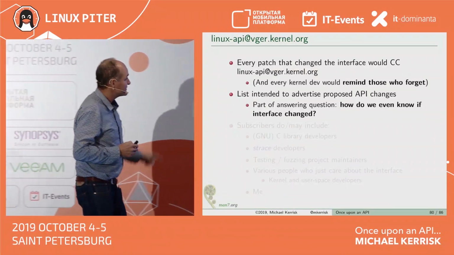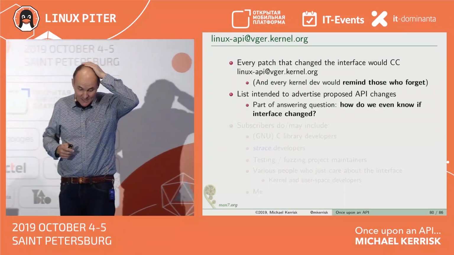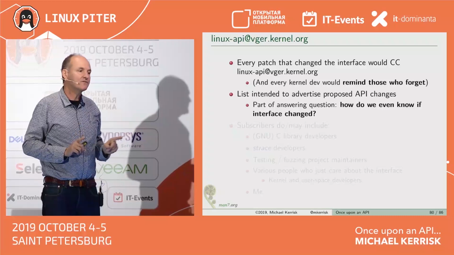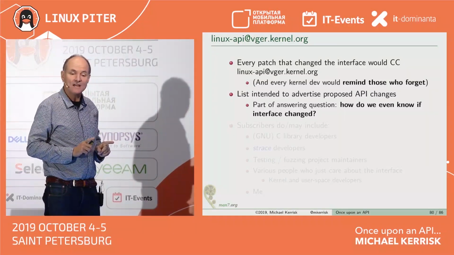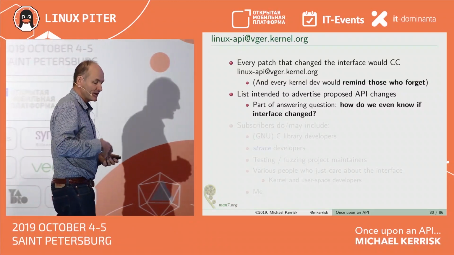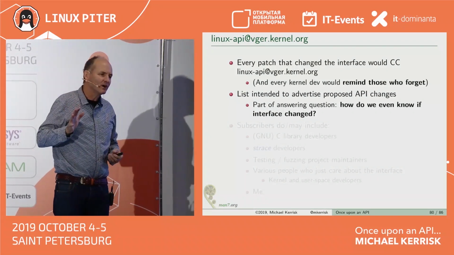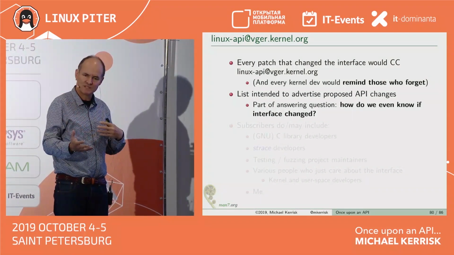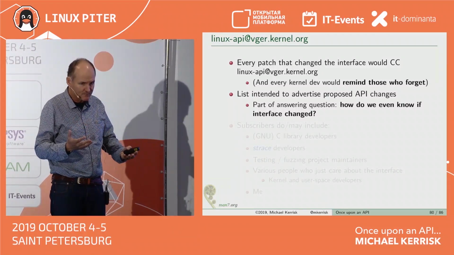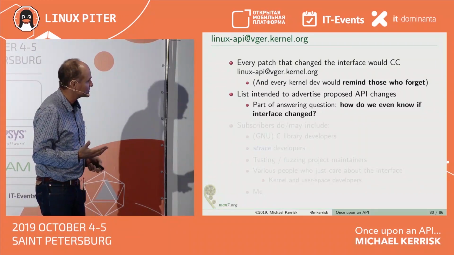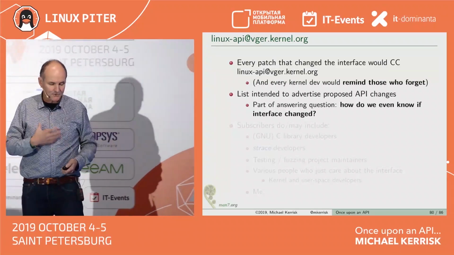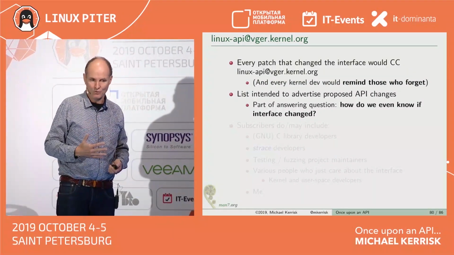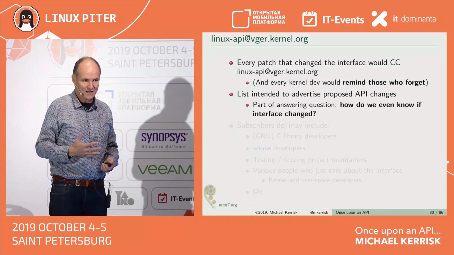Okay? This list was actually set up at my instigation about 10 years ago because it's intended to advertise API changes so that people who are interested in the API can notice the API changes and perhaps respond to them, perhaps critique them, but deal with this information. Because part of the problem that I have, and other people have it as well, is how do we even know when an interface is getting changed?